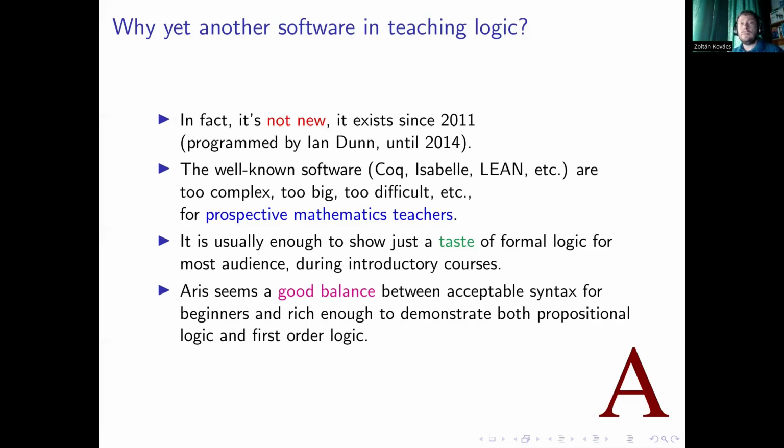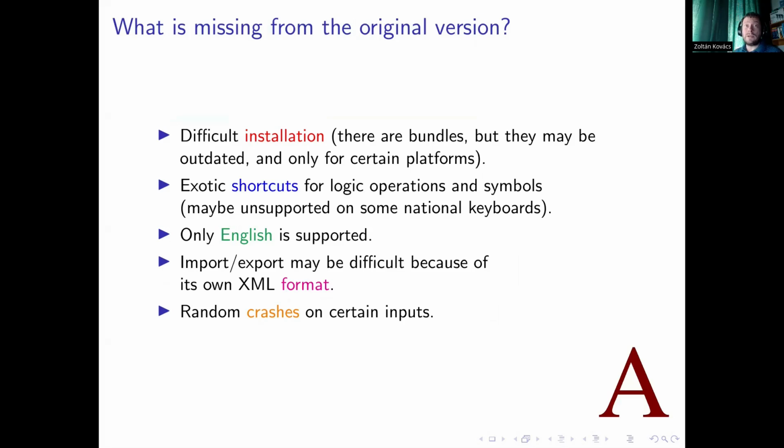On the other hand, it should be somewhat limited. So the syntax should be very close to the everyday mathematics, to the school mathematics. But of course, it's quite good if there are still possibilities to reach a high level of mathematics in some sense. Why GNU Aris? Because it's open source.